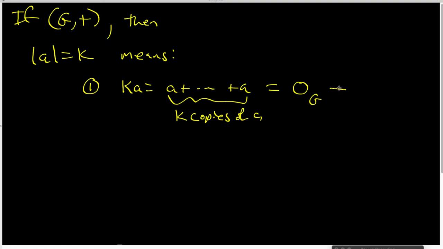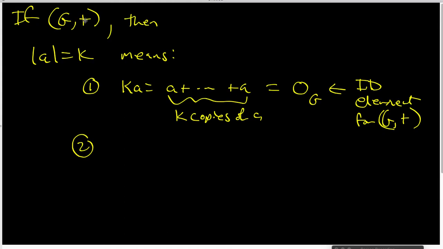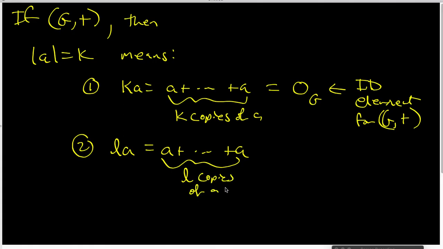So this symbol here is simply the identity element for our group G under plus. And the second thing saying that the order is equal to k in an additive group means is that if I look at l times a, and that would be a plus, where I have l copies of a added together, whatever that is, it's not going to be the 0 element. So that's how the notation works in both multiplicative and additive groups.